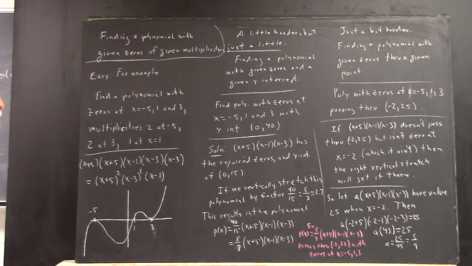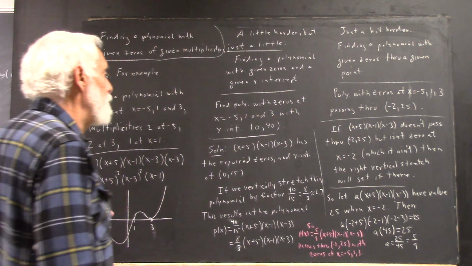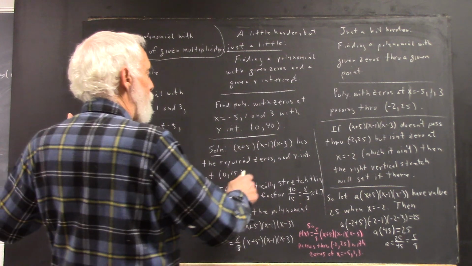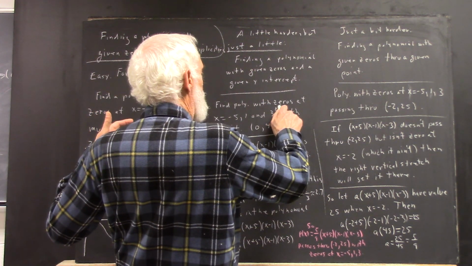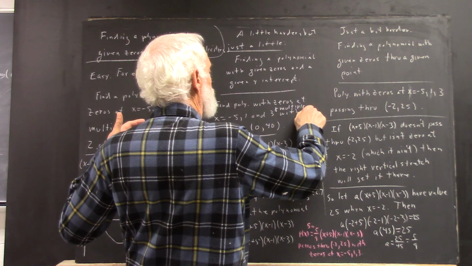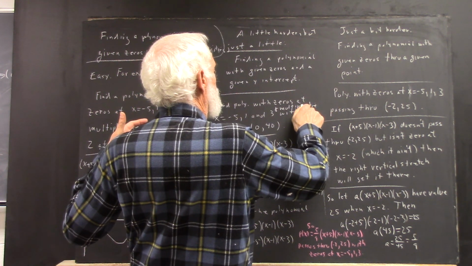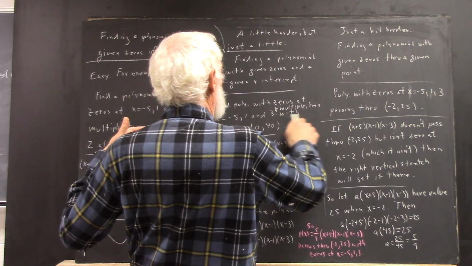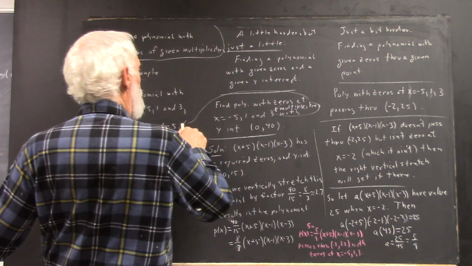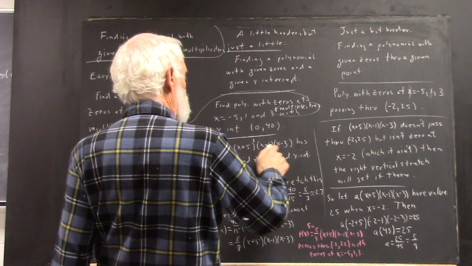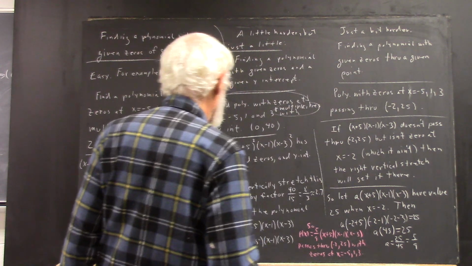So if we wanted to find a polynomial with zeros and multiplicities, and the multiplicities would be these multiplicities. Well, then we'd have this function with a square here and a square here.